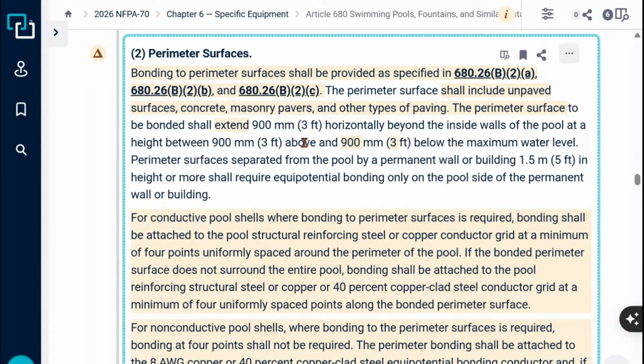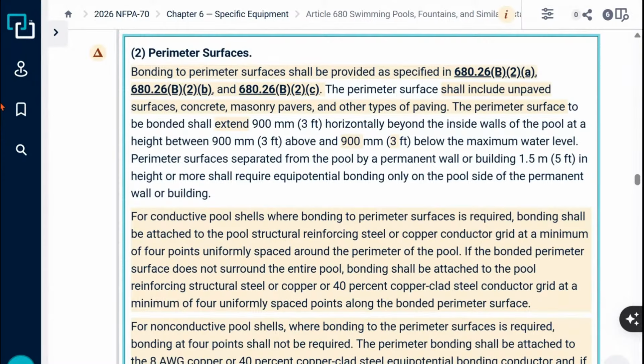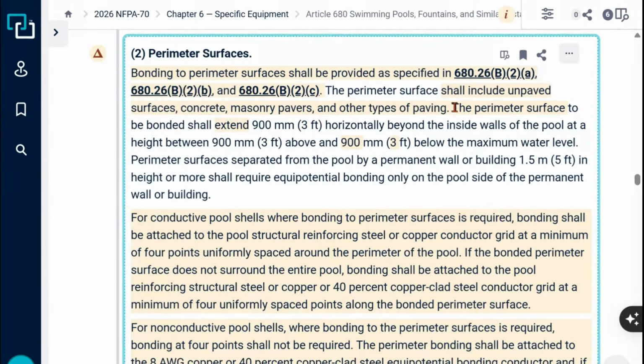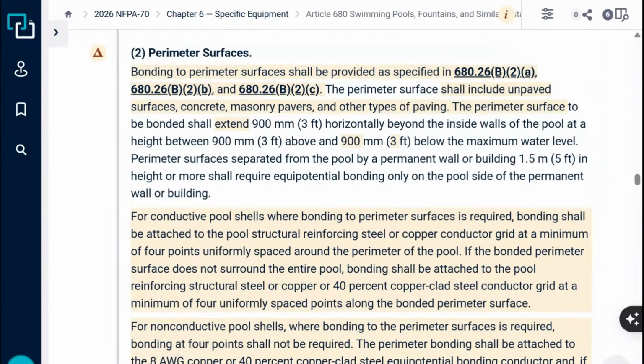It's whatever you're walking. Wherever you're walking, this really should say the perimeter surface shall include whatever. You could say it's paved, you can say it's unpaved, you could say it's pavers, masonry, whatever it is that folks are walking on that fits inside the dimensions that we're going to look at. It is the perimeter surface. Some folks will call it the deck, the decking around the pool. That's the surface we're walking on.